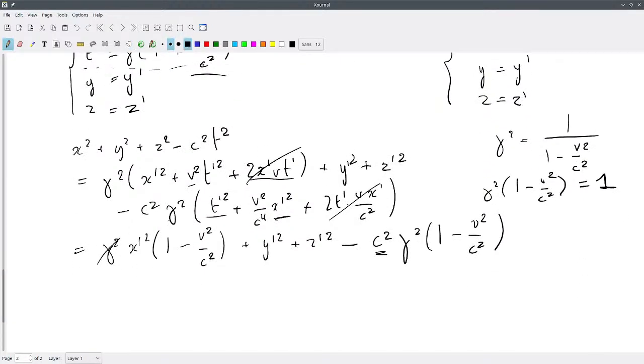So this is equal to 1, and this is equal to 1. Oh, I missed my t prime squared here. So this is going to be x prime squared plus y prime squared plus z prime squared minus c squared t prime squared.